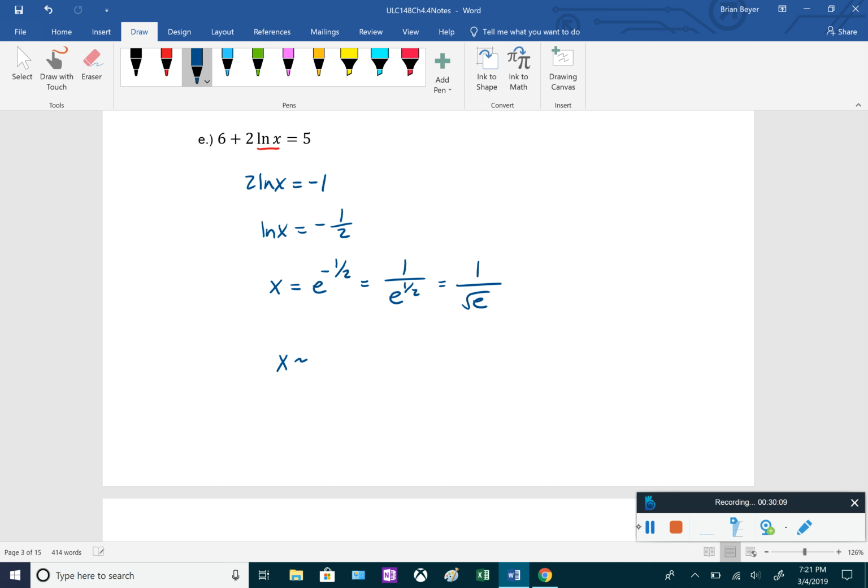None of those are better than the other ones, but just so we know, they all mean the exact same thing. So I'm going to plug this in the calculator, and we get about 0.61.